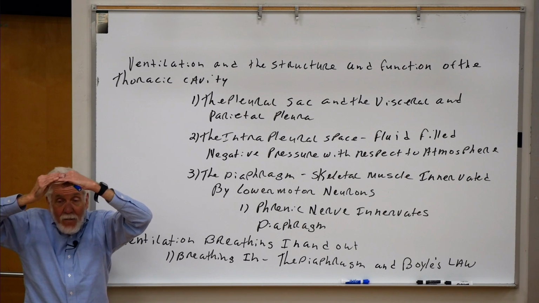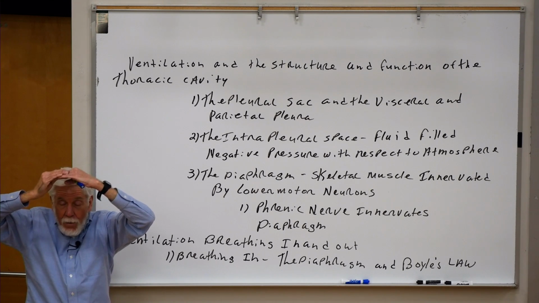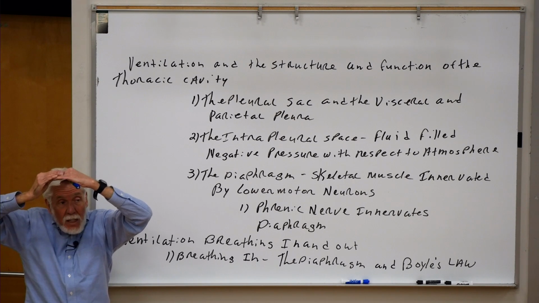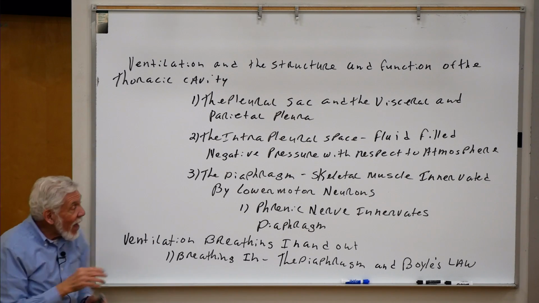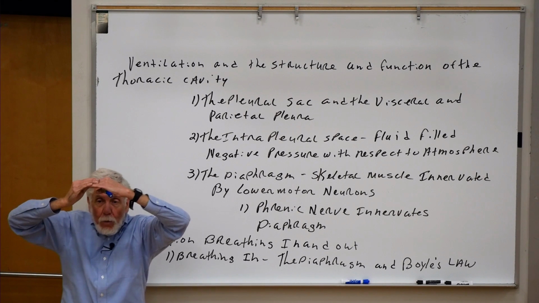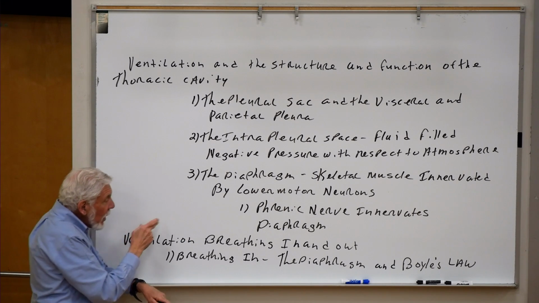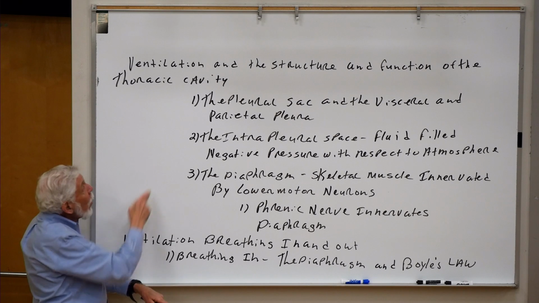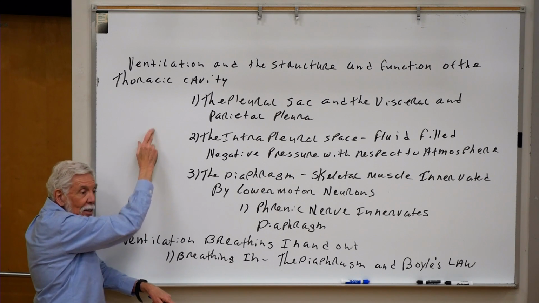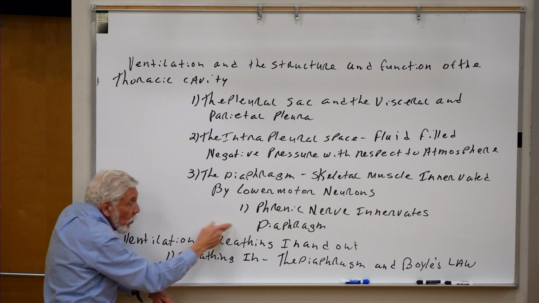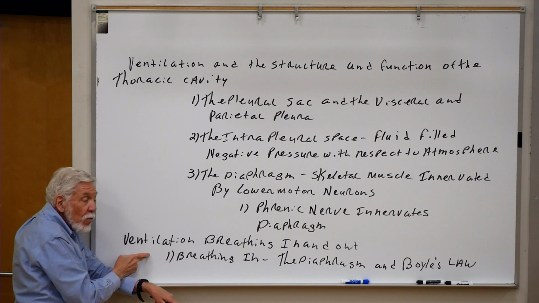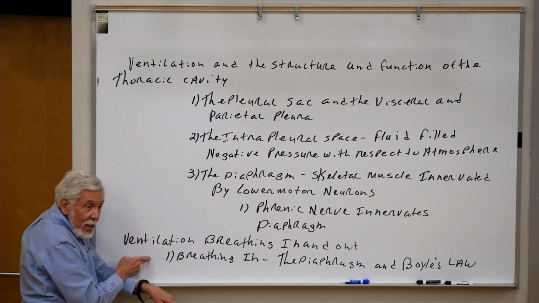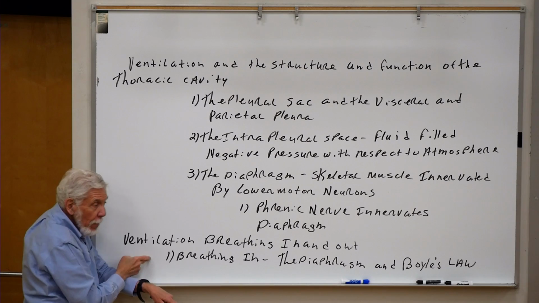When we activate the diaphragm and cause it to contract, it flattens. That change from a domed shape to a flattened shape changes the volume of the thoracic cavity. So fundamentally, the contraction of the diaphragm increases the volume of the thoracic cavity.